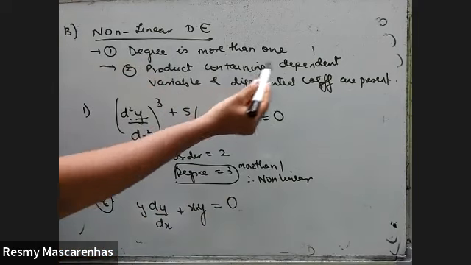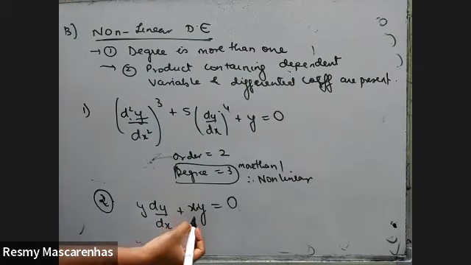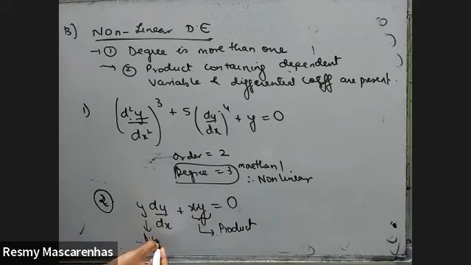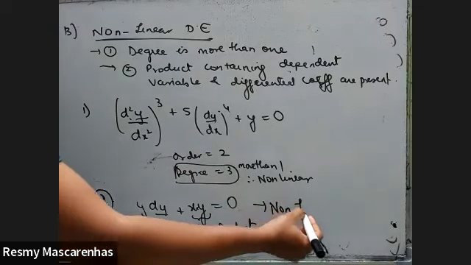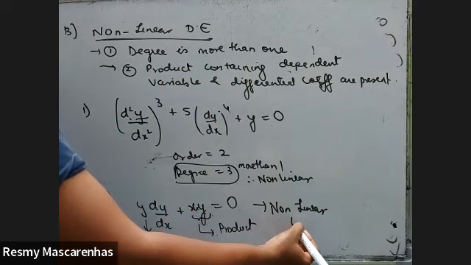So whenever there are product containing dependent variables and differential coefficients, these are the coefficients present here. So this is a product and differential coefficient is present. That is non-linear type. Even though degree is 1, there's a product which involves x and y, non-linear type.